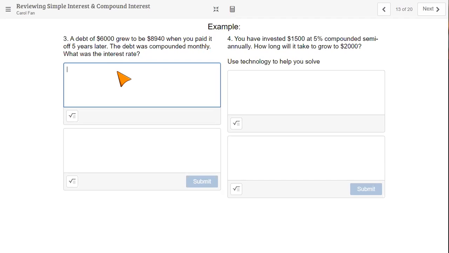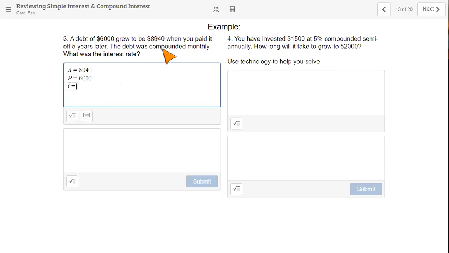Okay, let's sort out the information that we have. We know that the final amount is 8,940, the principal, which is the original amount, is $6,000. The interest rate is what we don't know.